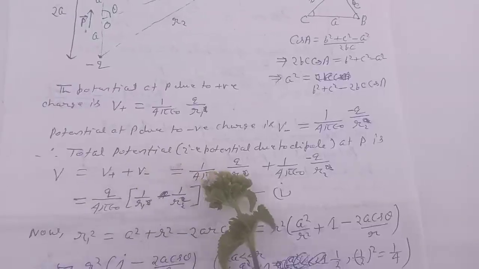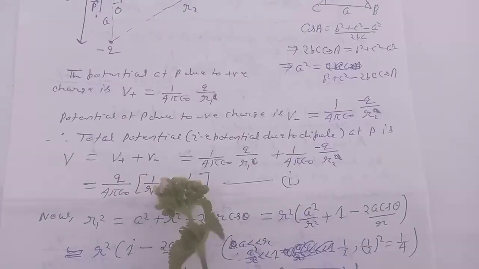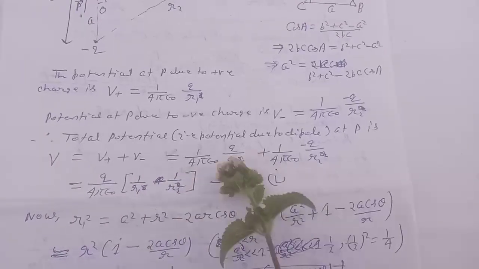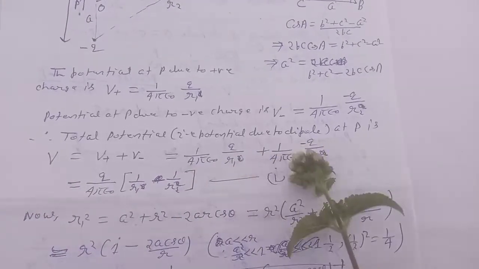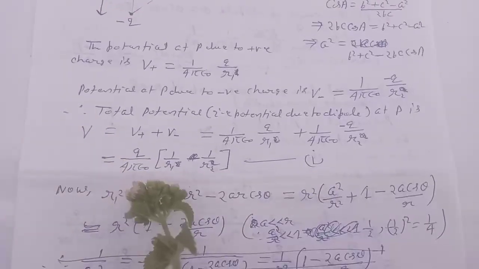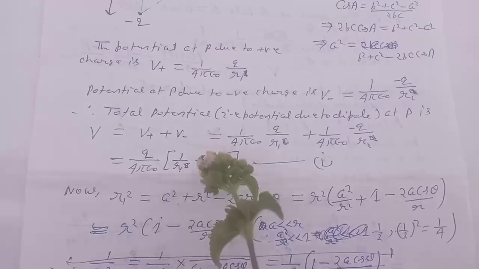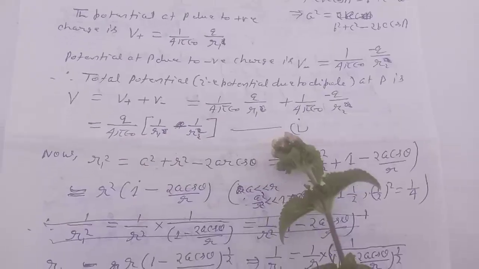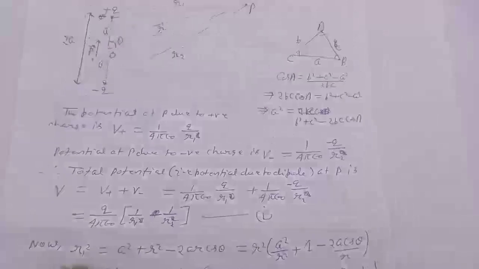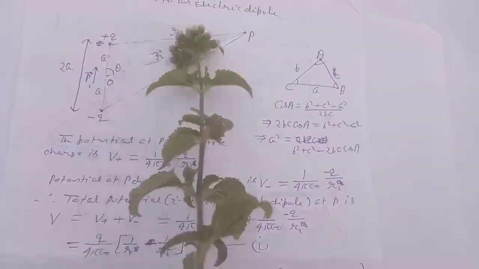Hence the total potential, that is the potential due to the dipole at P, is V equals V plus plus V minus equals Q by 4 pi epsilon naught into (1 by R1 minus 1 by R2). This is equation 1.